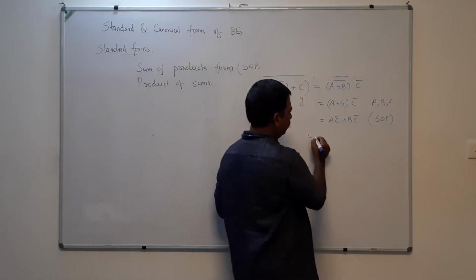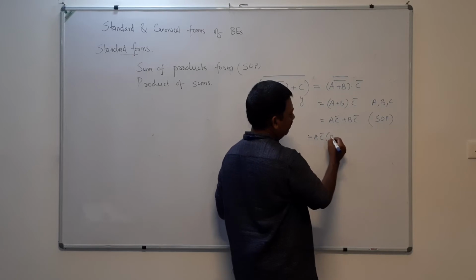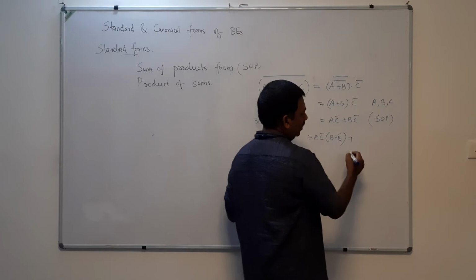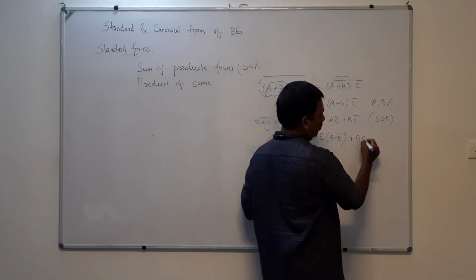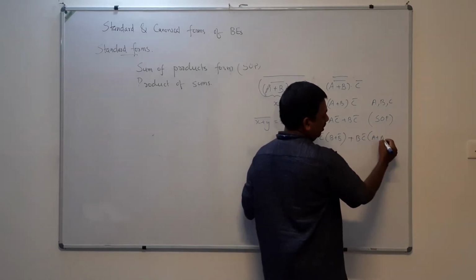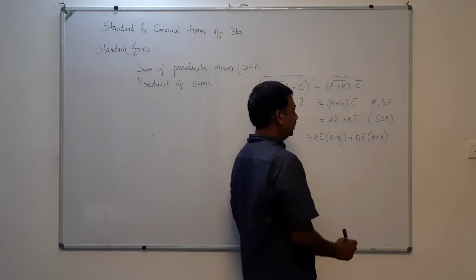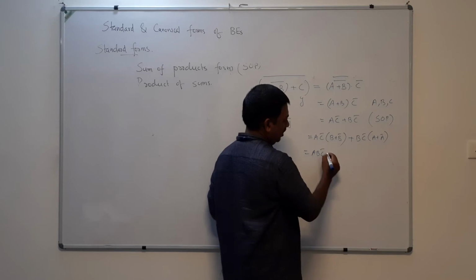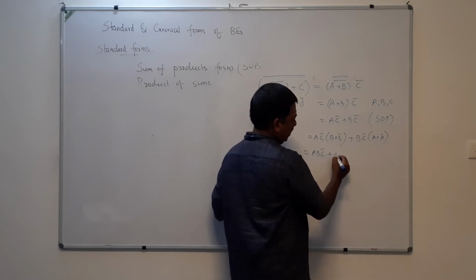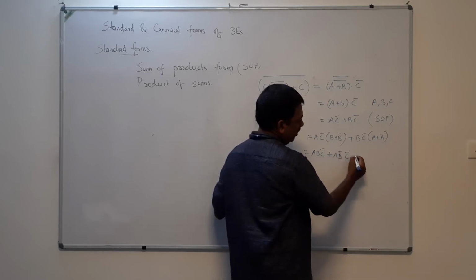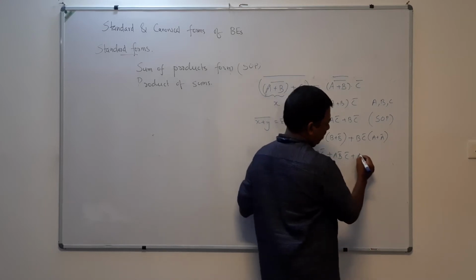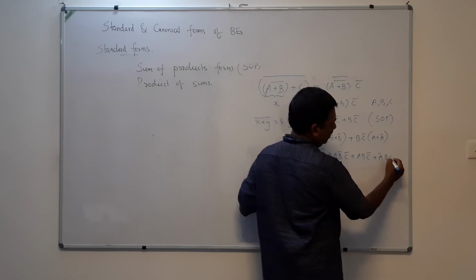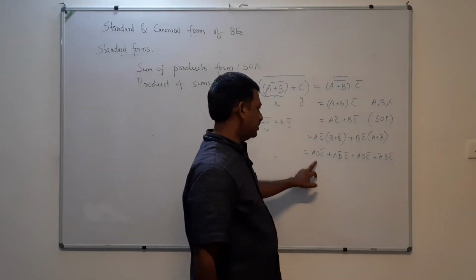Here this is lacking the B term, and here we don't have any A term. That means you are going to multiply AC bar with B plus B bar, and here this is lacking A, so BC bar is multiplied into A plus A bar. That becomes ABC bar plus AB bar C bar plus ABC bar plus A bar BC bar.